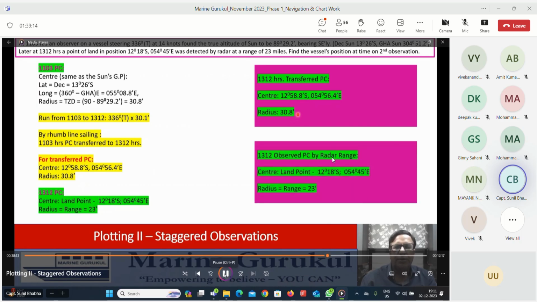The second position circle will be observed position circle for 1312 with center as the point on land and radius as the radar range of 23 miles. So these are the two position circles which we are going to plot now. Both are for 1312, so can be plotted.